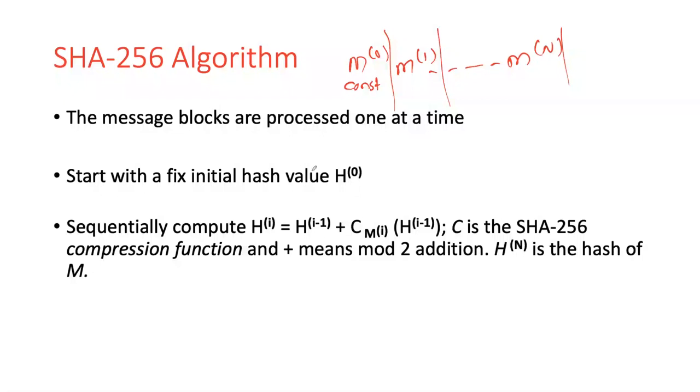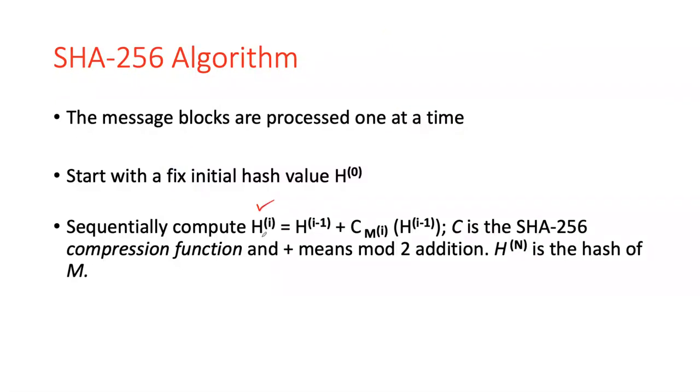So it starts with the initial hash value as mentioned. For that, it takes the eight 32-bit words, starting with H1, and from the previous hash value, a new hash value will be calculated for the new block.